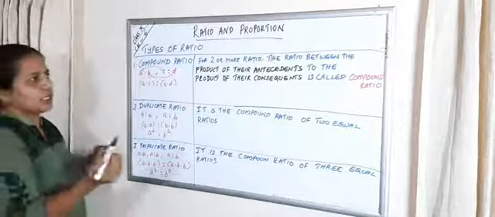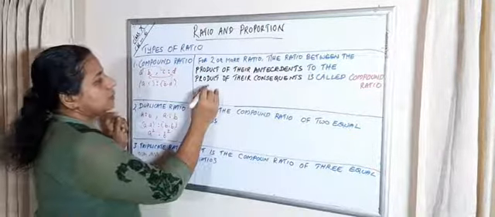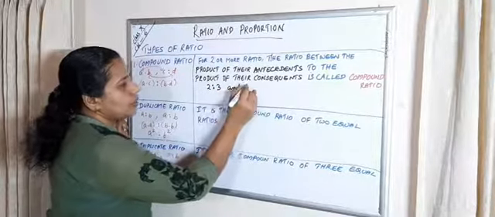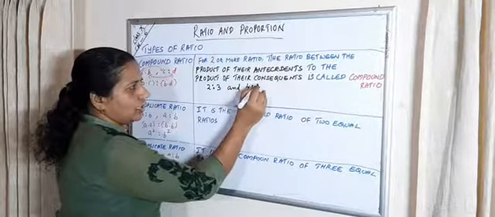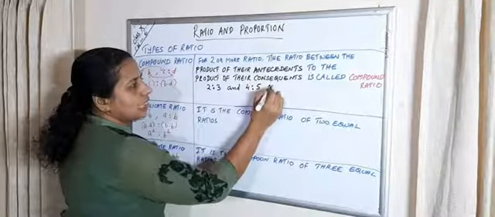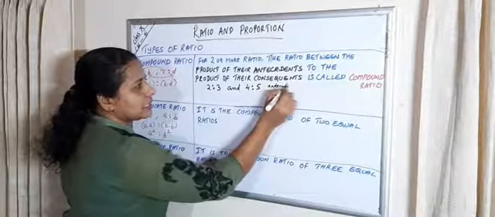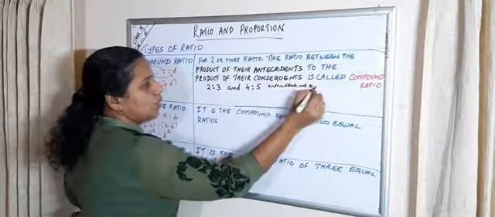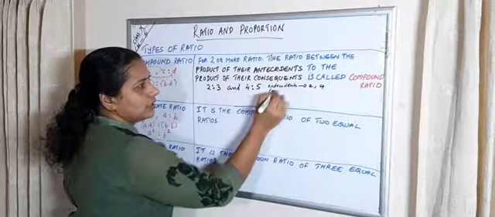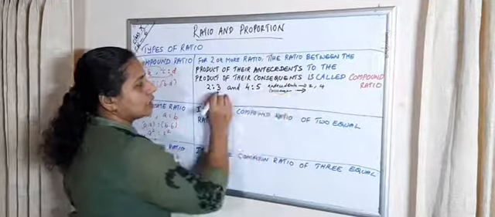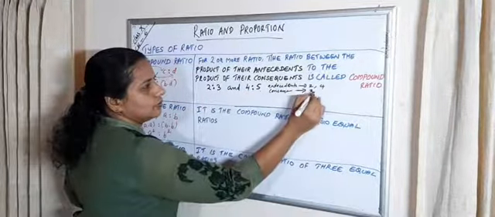Clear? For example, I am taking 2 is to 3 and 4 is to 5. Two ratios. Which are the antecedents here? Antecedents are 2 and 4. Which are the consequents? Consequents are the last terms, 3 and 5.